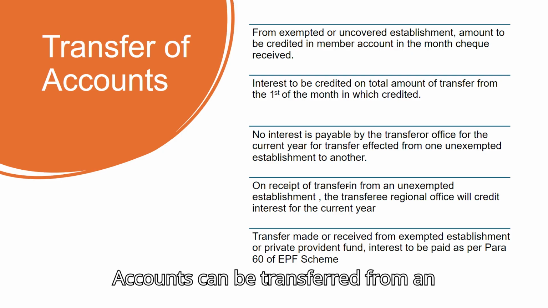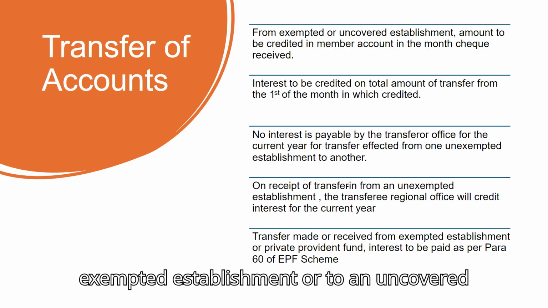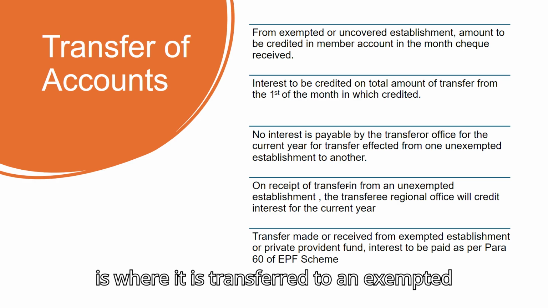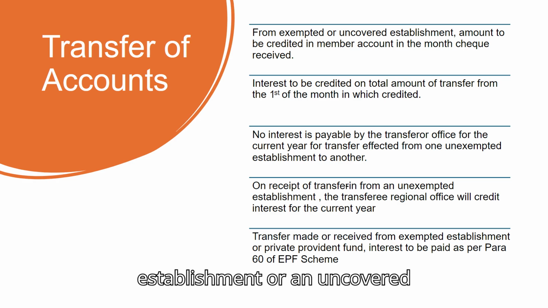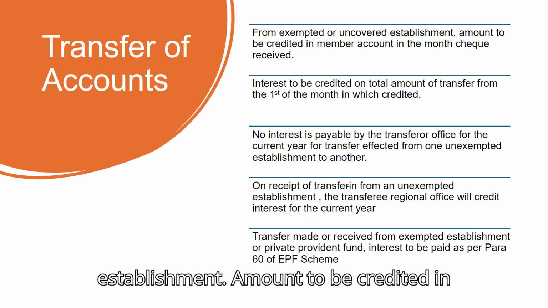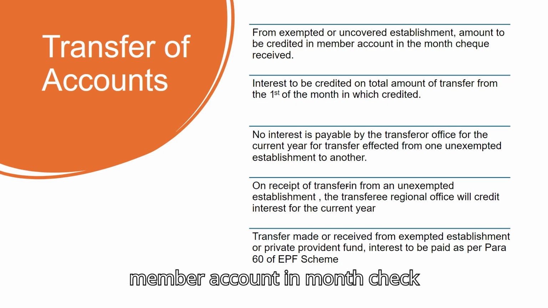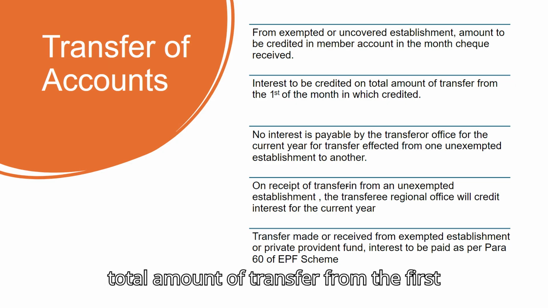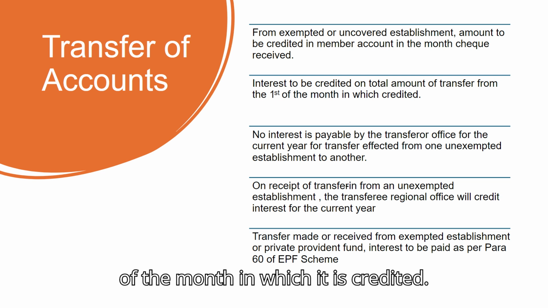Accounts can be transferred from an exempted establishment or to an uncovered establishment. In such cases where it is transferred to an exempted establishment or an uncovered establishment, the amount is to be credited in the member account in the month. Interest received is to be credited on the total amount of transfer from the first of the month in which it is credited.